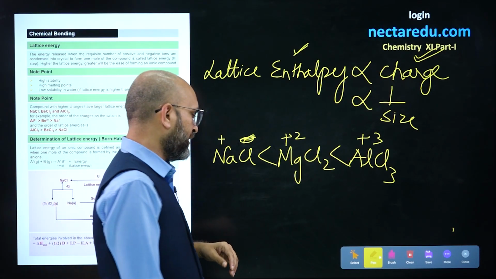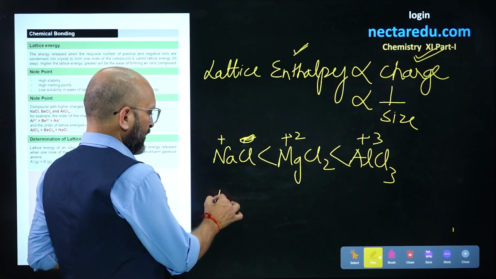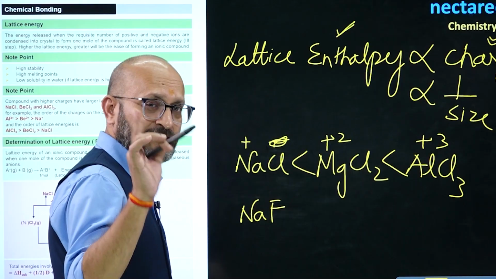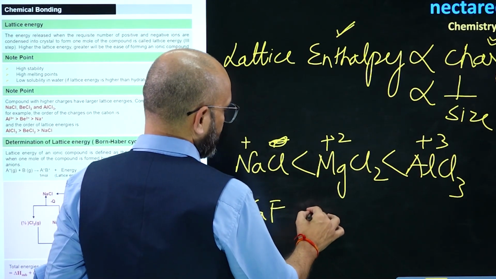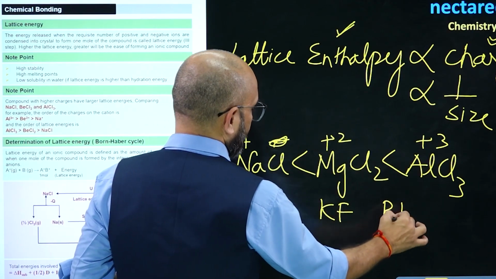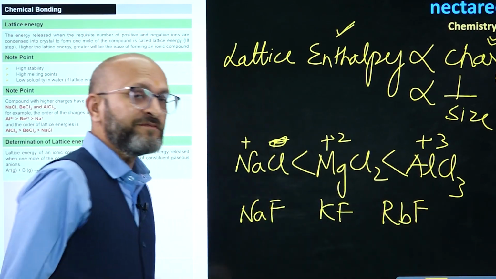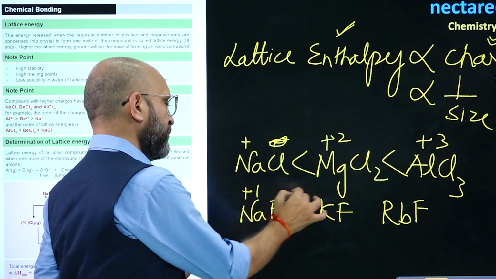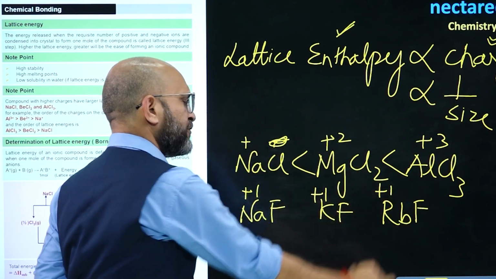Similarly, take an example where size is differing: NaF, KF and RbF. What do you think about the lattice enthalpy value? The charges are the same, +1, +1, +1.